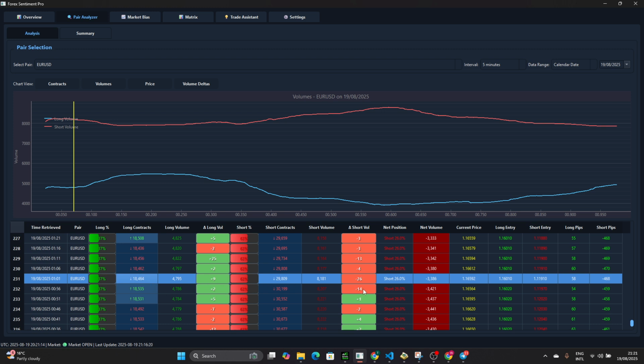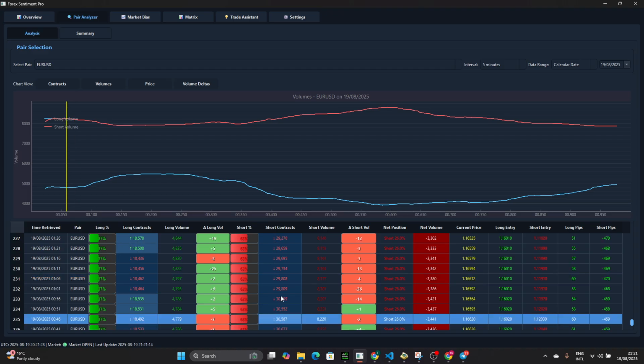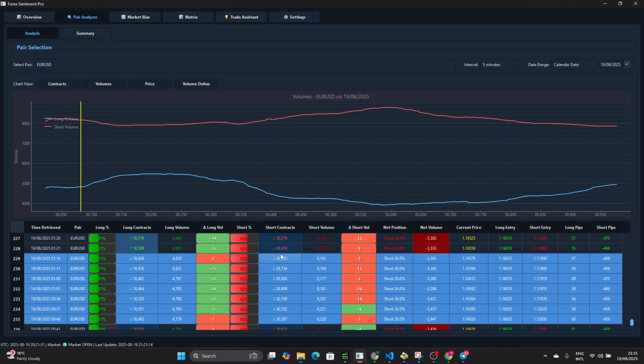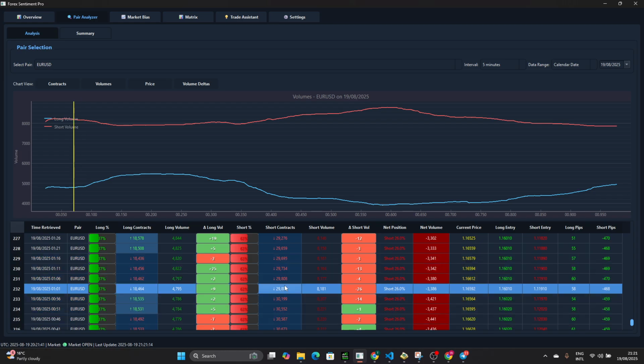And at the same time, they are reducing their short volumes and reducing their short contracts. While they are reducing their short contracts and increasing long contracts, that tells me retail traders are getting out of the market on the short side while they are net short.